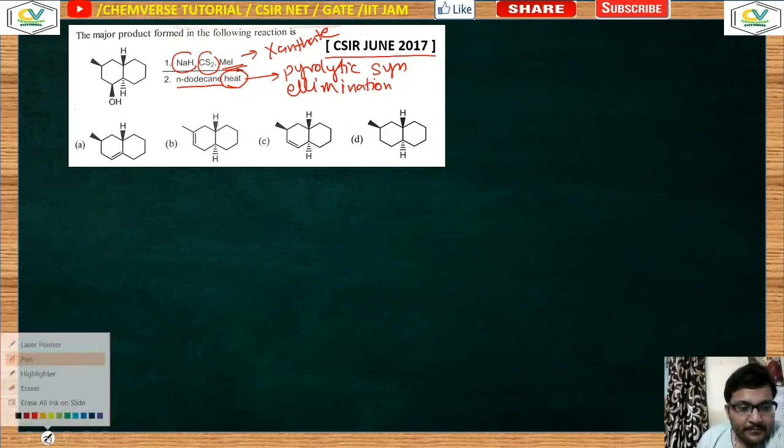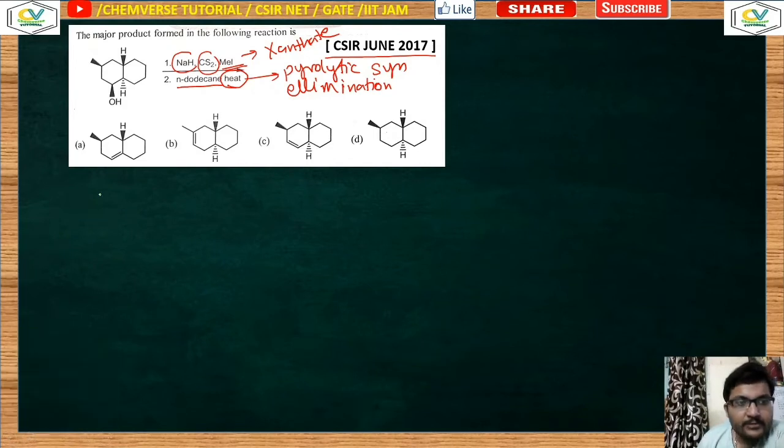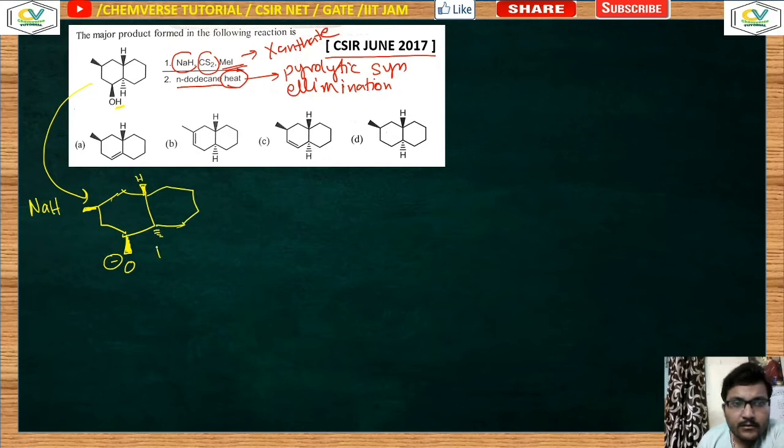So in the first step, it has OH. So the most acidic proton is removed whenever NaH is used. So what you are getting, this will be O negative. Now there is CS2 molecule.